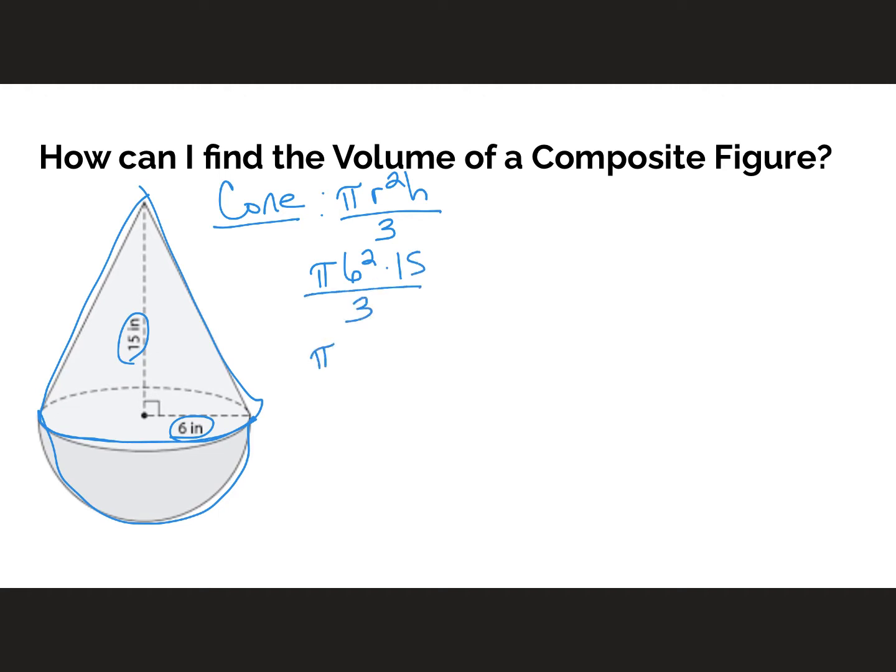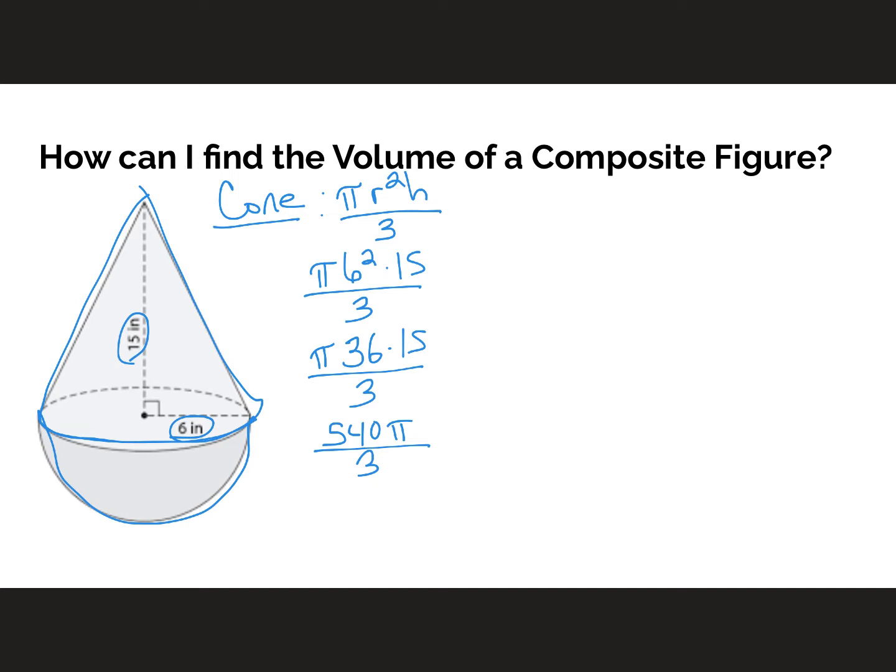So pi, 6 squared is 36, times 15 divided by 3. So 36 times 15 gives me 540. So I have 540 pi divided by 3.